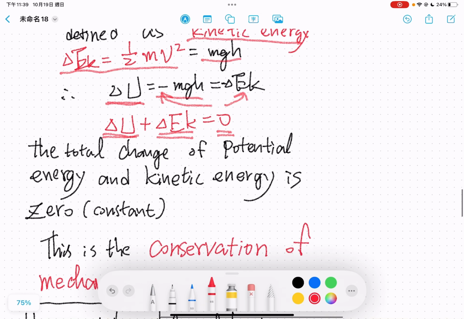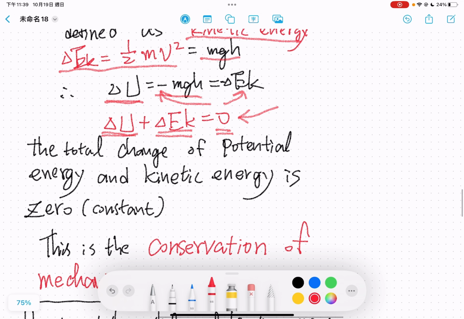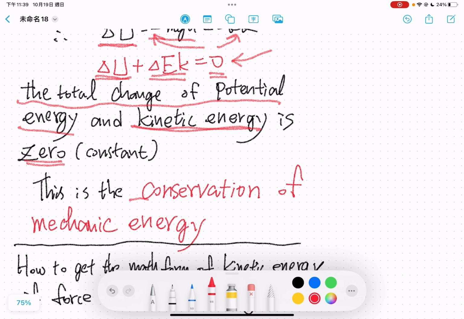The zero means this is independent of time, or we say the total change of the potential energy and the kinetic energy is zero, or it is conserved with time. So this formula means the conservation of mechanical energy.